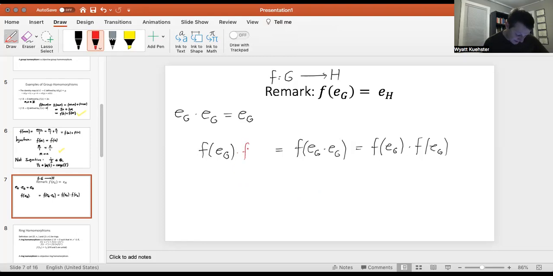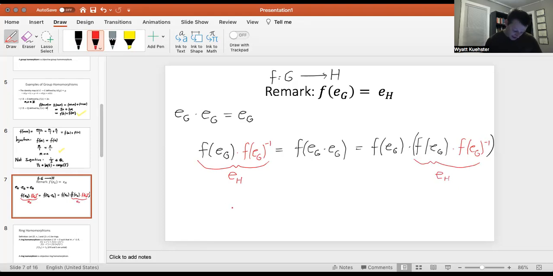So I can multiply by f of e_G inverse, whatever that is, on both sides. And then I don't have to care about the order of parentheses because the operation is associative, because it's a group. But I'll go ahead and put parentheses here. I can move them wherever I want. f of e_G times f of e_G inverse, because this is something times its inverse, it's the identity. But this is the identity in H because these are both elements of H.